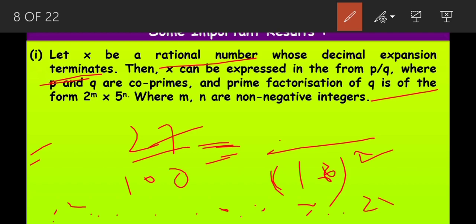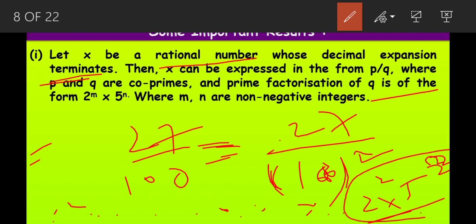So if we take the square for both numbers, we can write it as 2 square into 5 square. So 27 by 100 means 27 by 10 square, which is 27 by 2 square into 5 square.